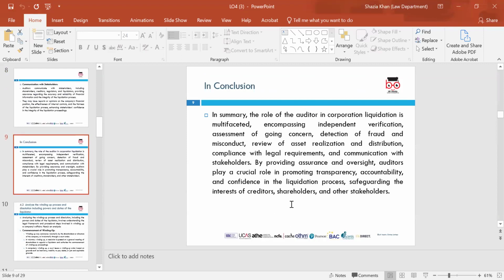In conclusion, in summary, the role of the auditor in a corporate liquidation is multifaceted, encompassing independent verification, assessment of going concern, detection of fraud and misconduct, review of asset realization and distribution, compliance with legal requirements, and communication with stakeholders.